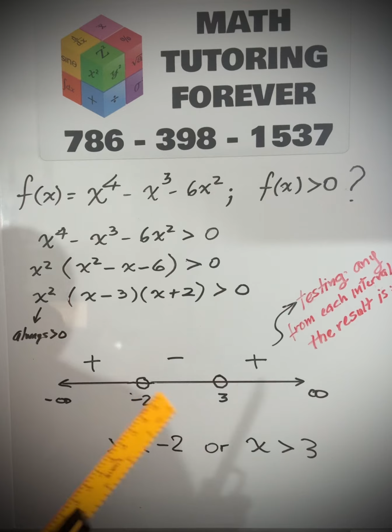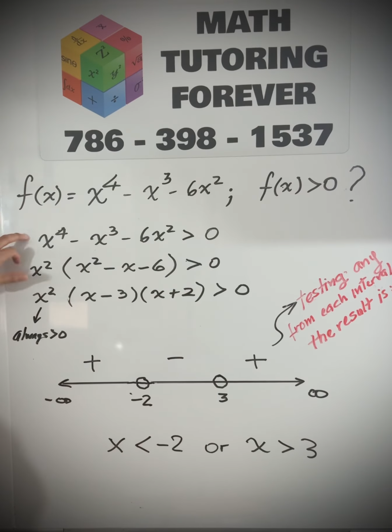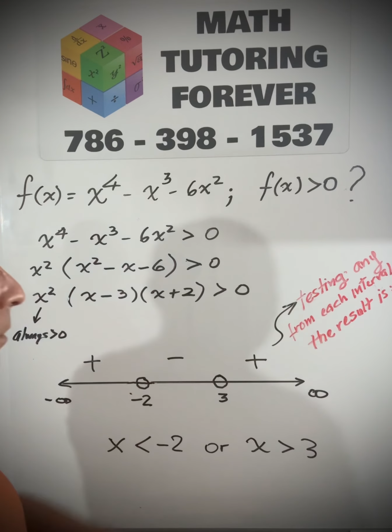In other words, we need to set up this inequality: x to the power 4 minus x to the power 3 minus 6x squared greater than 0.